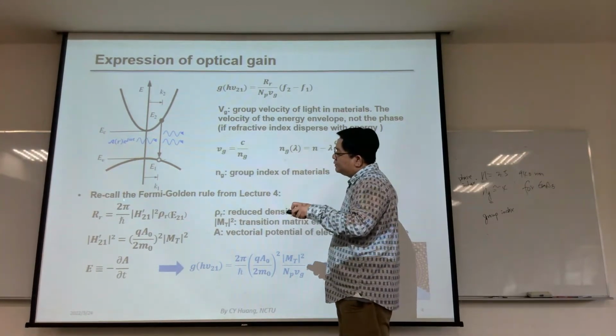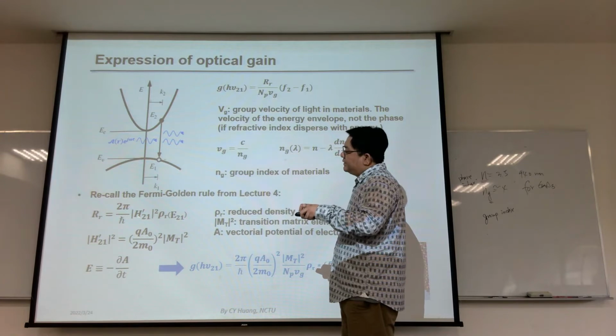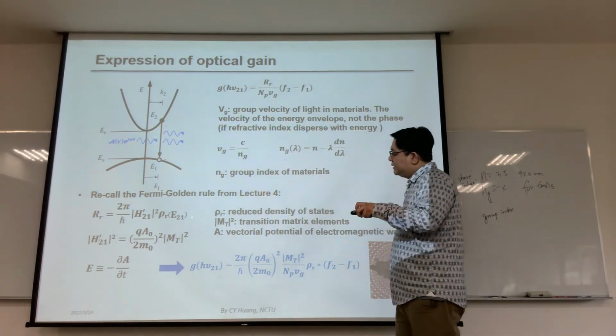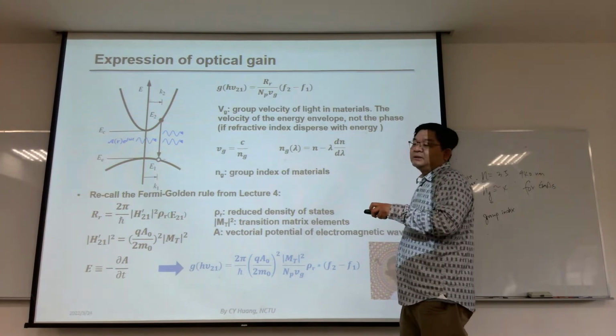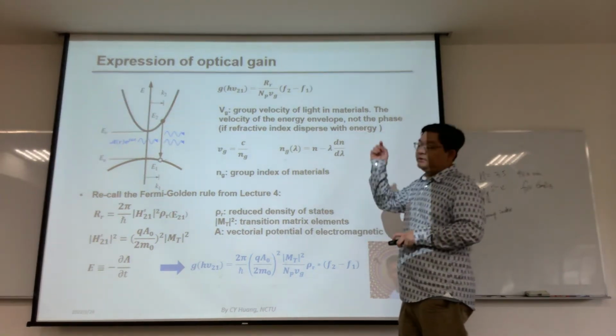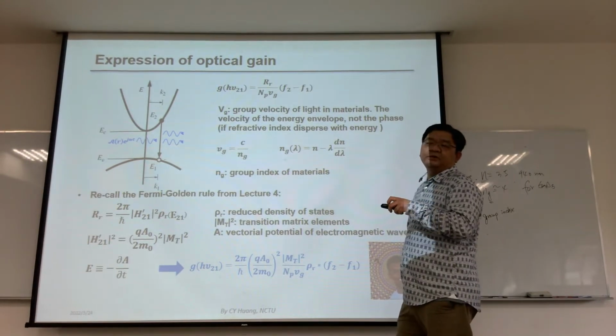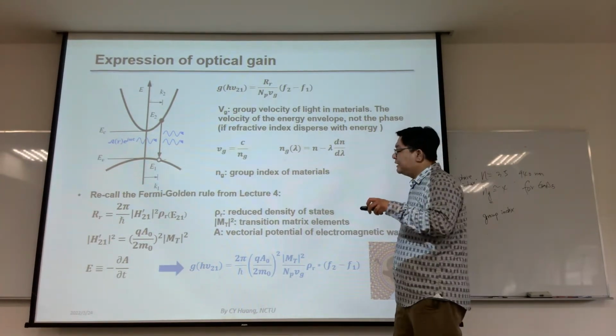So R is 2 pi over h bar, H21 squared times rho R, the reduced density of states, since you can only count the vertical transition. It will also refer to lecture 3 or lecture 4.